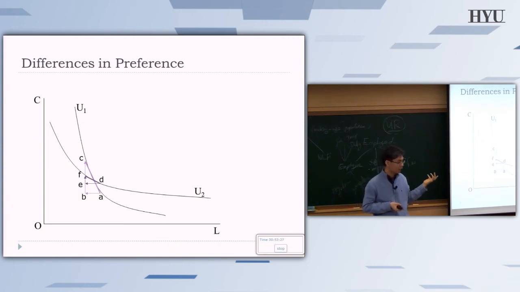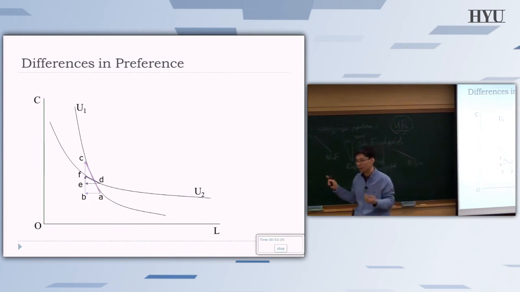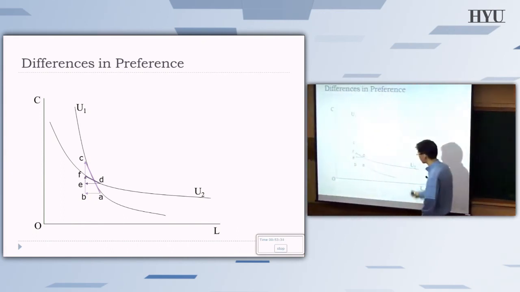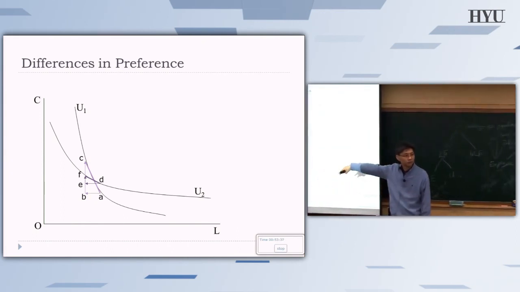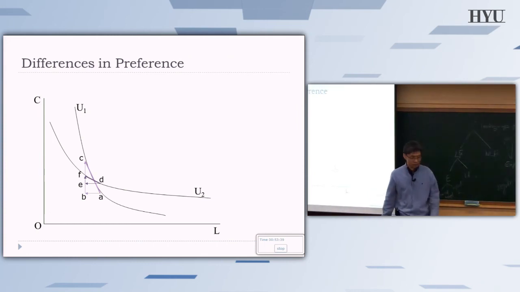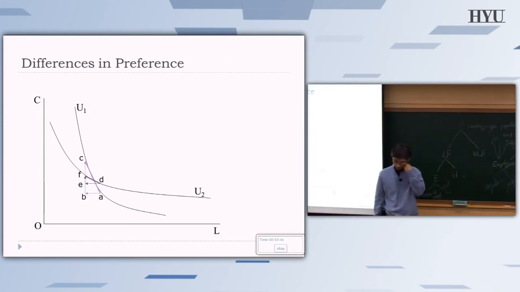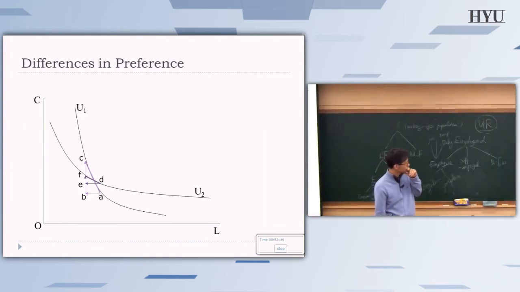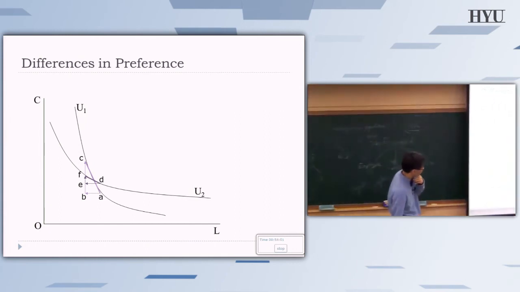They intersect, so they show two different individuals' indifference curves, which means they have different preferences. Who likes leisure more, 1 or 2?